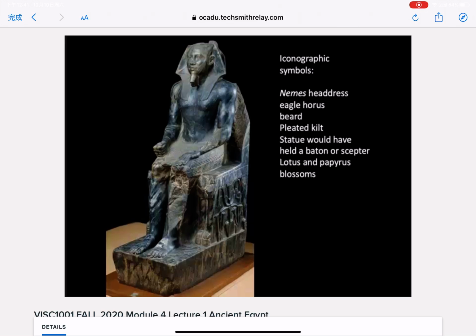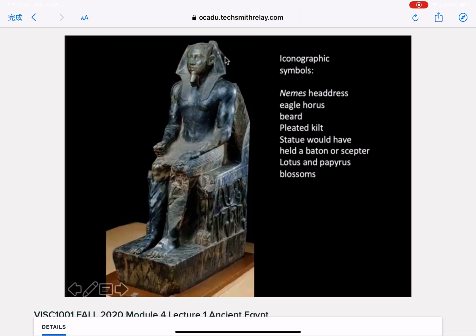So let's take a look at the iconographic symbols in this statue of Khafre. In no particular order, the content of this statue that communicates his kingship includes the Nemes linen headdress. It's this characteristic headdress that falls in horizontal pleats of linen. Now I've called it an eagle.